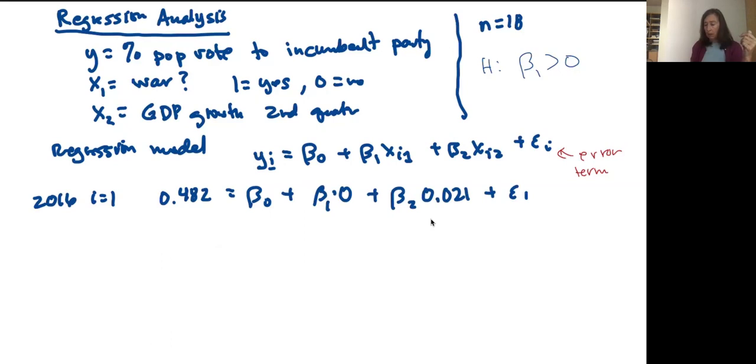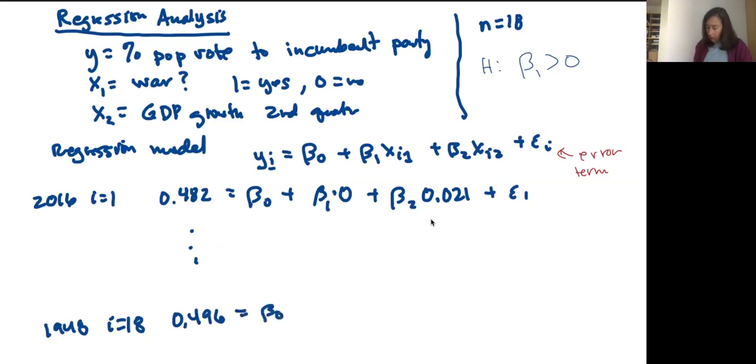We would have the corresponding numbers for 2012, 2008, all the way back down to 1948. i equals 18 for that election. In that year, Truman got 49.6% of the popular vote.